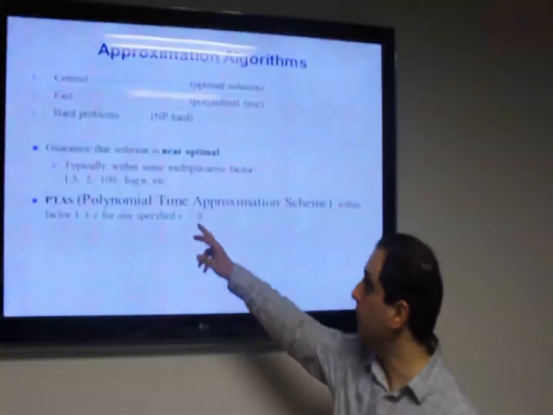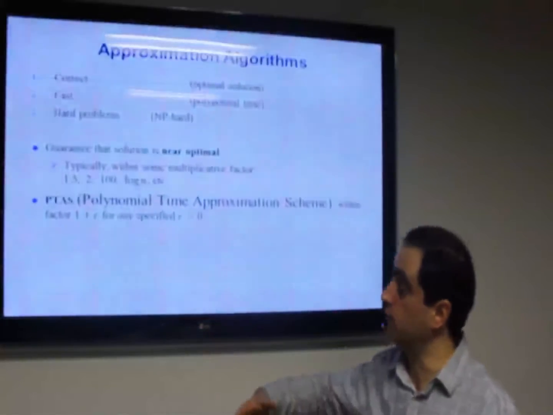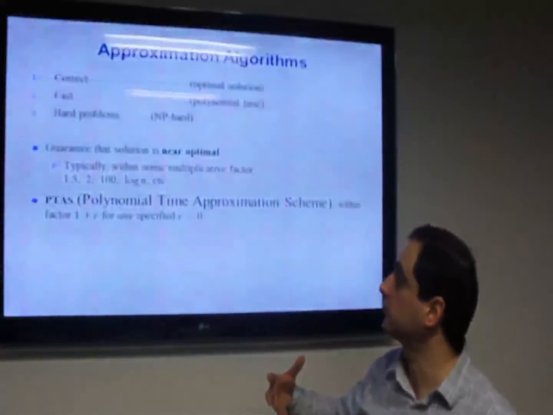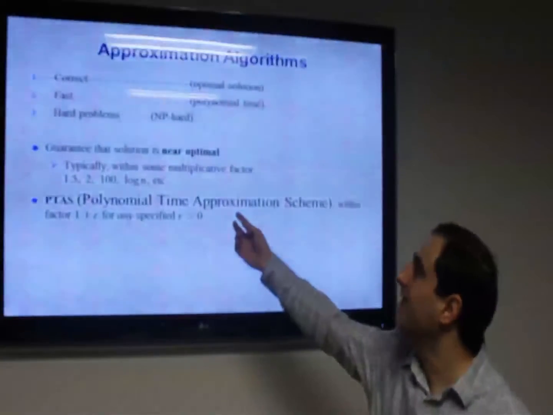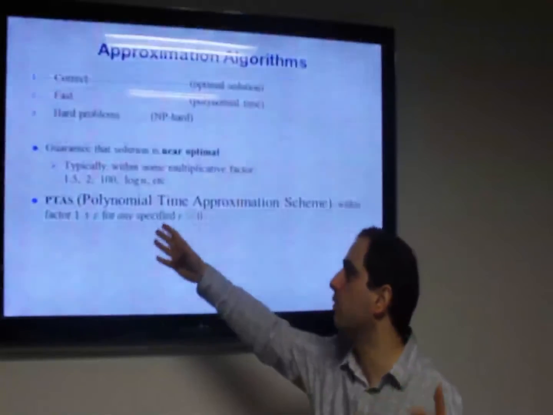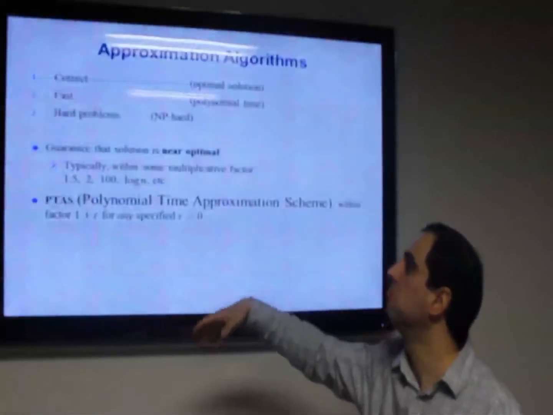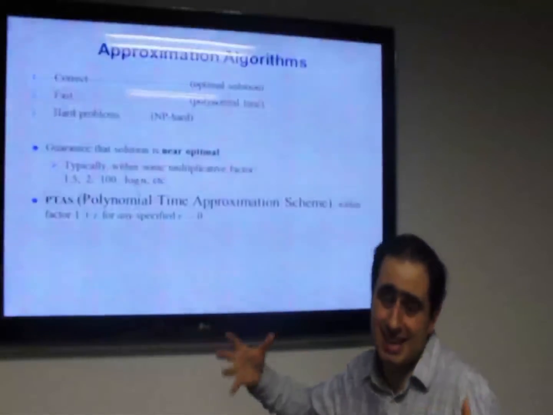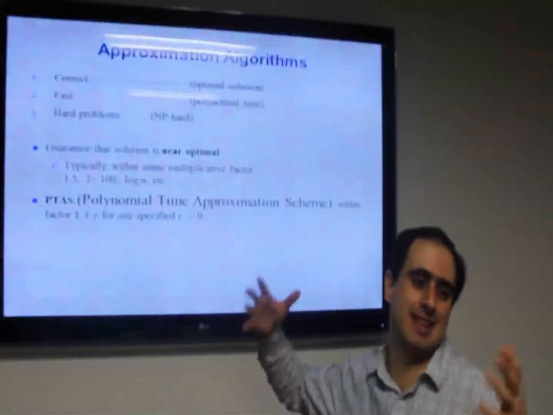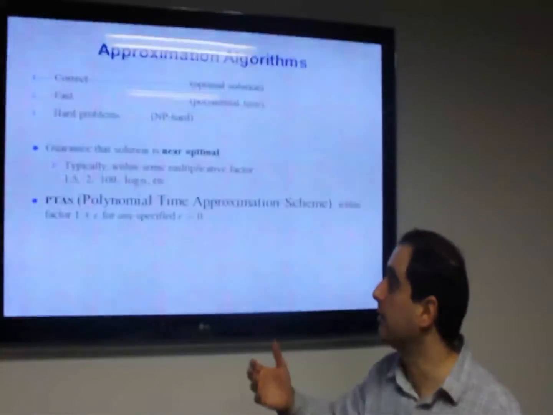For example, we want to find a solution in polynomial time for NP-hard problems which is near optimal. By near optimal, we mean maybe a factor of 1.5 to 100, maybe log n where n is the number of vertices, or n to the 1/3 or something like that.